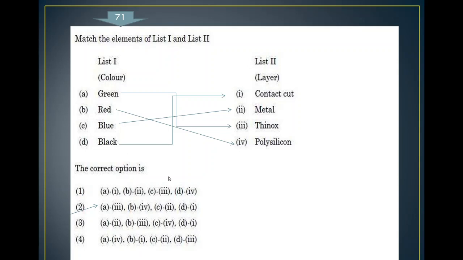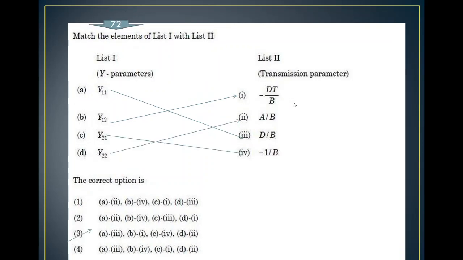And the correct answer is option second, that is A connects to third, B connects to fourth, C connects to second, D connects to one. That means green connects to thin-ox, red connects to polysilicon, blue connects to metal, and black connects to contact cut. Next question.